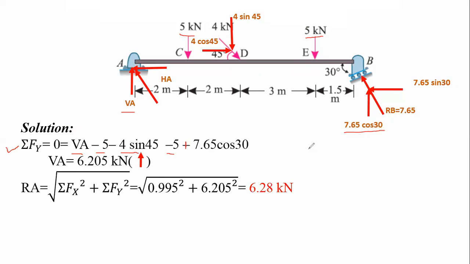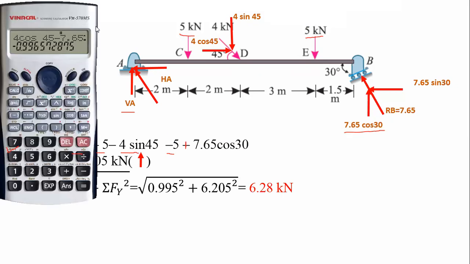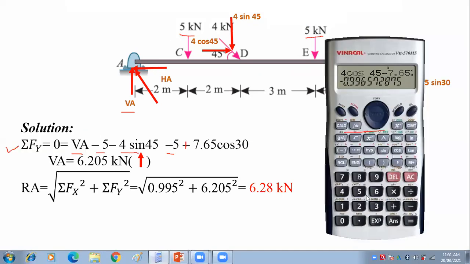Now if you solve these terms, minus 5 minus 4 sin 45 minus 5 plus 7.65 cos 30 is equal to minus 6.25.